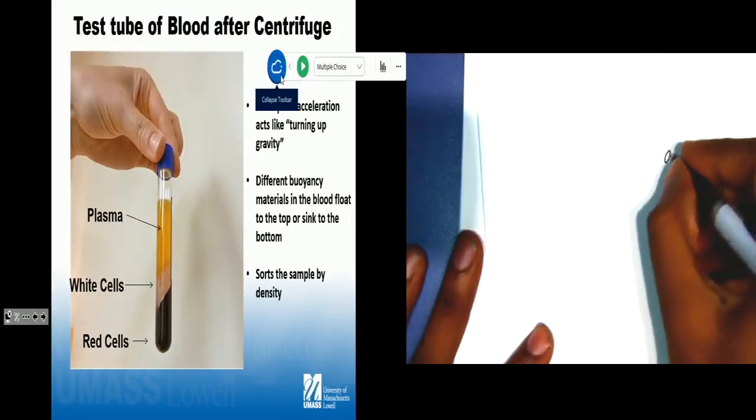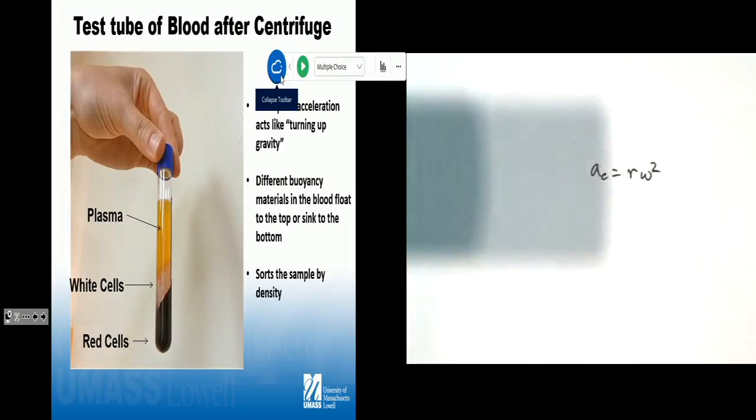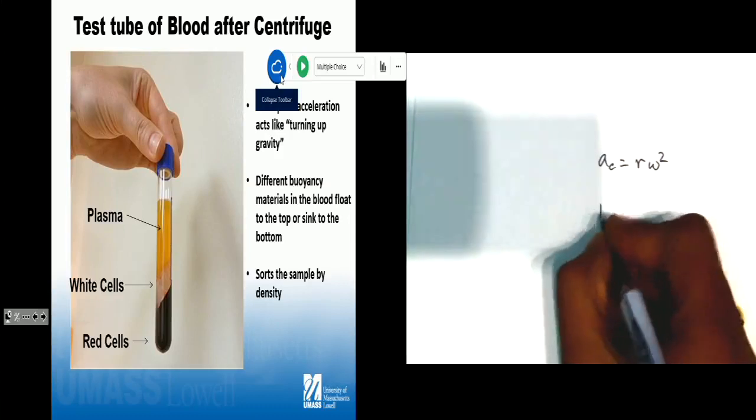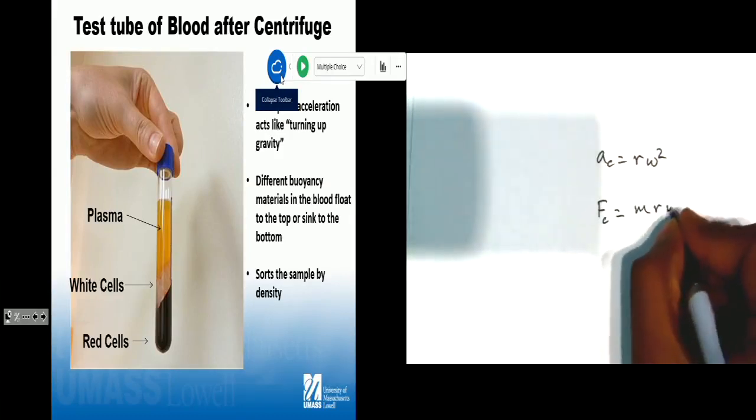So every single particle in that centrifuge is going to experience centripetal acceleration, and centripetal acceleration, as we just saw, is r omega squared. Centripetal force would be m times the centripetal acceleration. Does everyone follow that? The force required to get this object to move in a circle of radius r with an angular speed omega is m r omega squared.